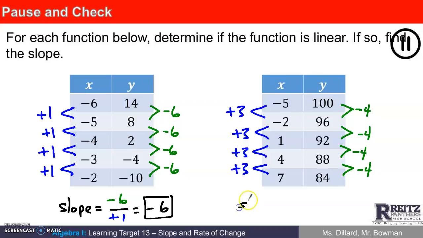So what's my slope? Well, it's negative 4 over positive 3. And here's another example where the signs are different. So my slope should be written as a negative something. The fraction 4/3 does not reduce. How about negative 4/3?